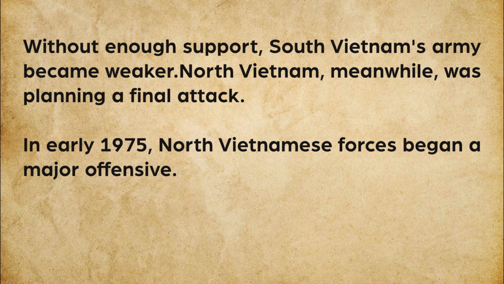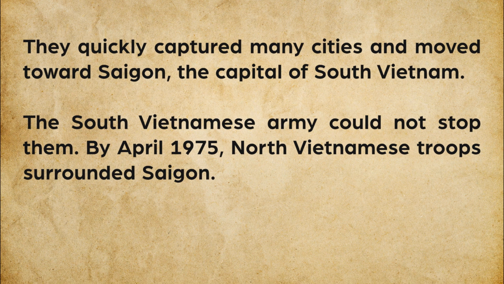North Vietnam, meanwhile, was planning a final attack. In early 1975, North Vietnamese forces began a major offensive. They quickly captured many cities and moved toward Saigon, the capital of South Vietnam. The South Vietnamese army could not stop them.